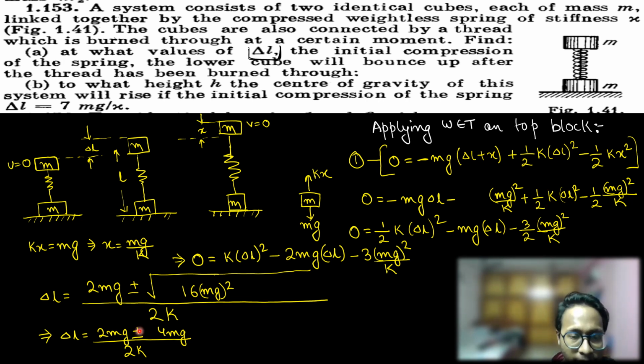So we erase the negative root of this equation. The value of delta L would be 2 mg plus 4 mg, 6 mg by 2k, and 2 and 6 get cancelled to become 3 mg by k. This is the first part of the question.